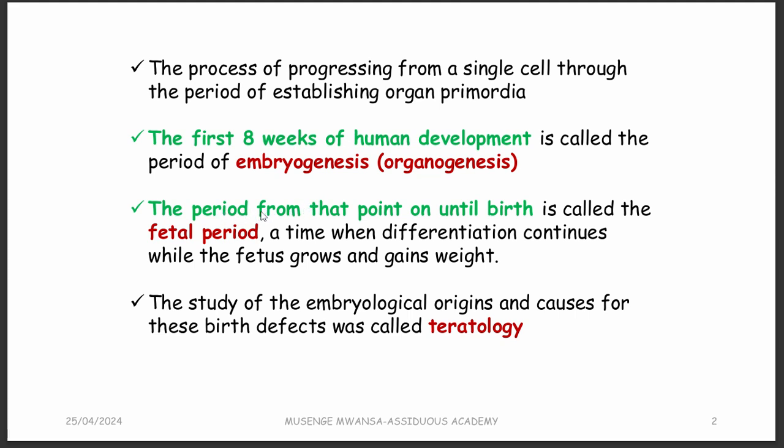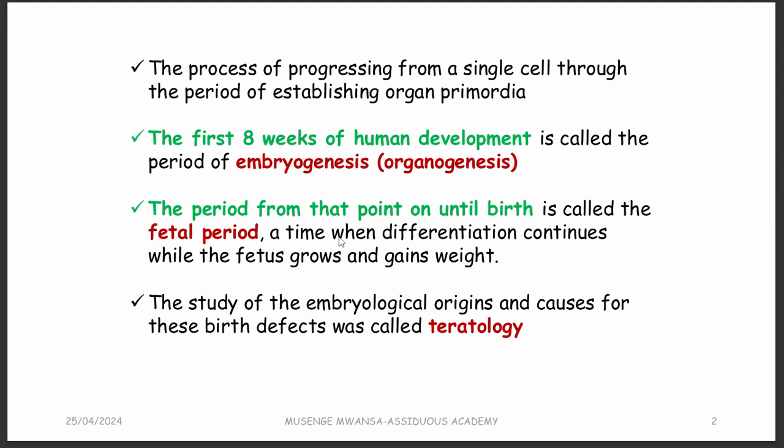The period from that point after 8 weeks until birth is known as the fetal period, because you've already formed all the organs and then the child is just developing. This seems very easy, but I've seen a question which said the fetal period, or the period of organogenesis, runs from 2. So just know that.